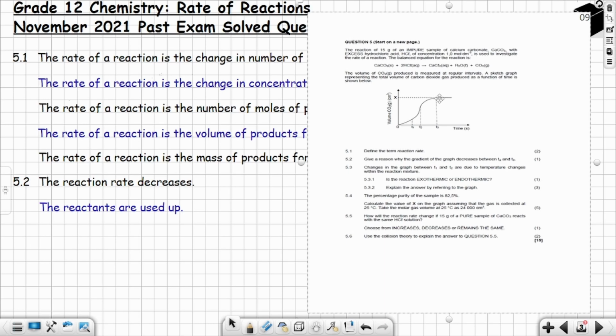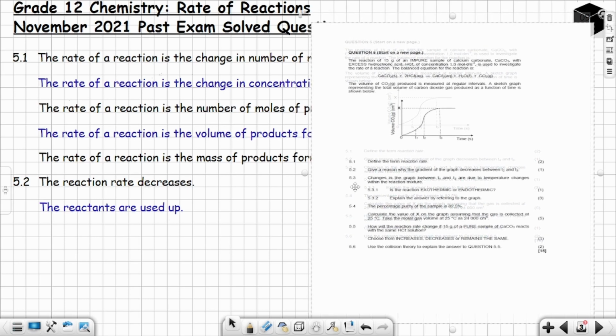After that, you have this horizontal line. It means that there is no more production of carbon dioxide. So the carbon dioxide gas is no more produced when you have this horizontal line. So this is why the gradient is decreasing from T2 to T3, as the reaction is coming to completion. The question is 1 mark. You just have to give one reason. You can give this one or this one.